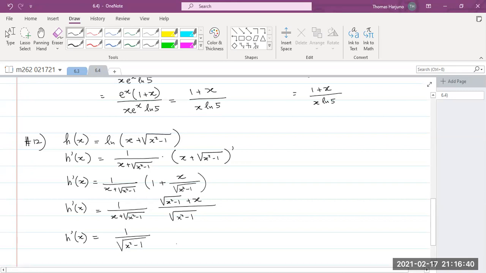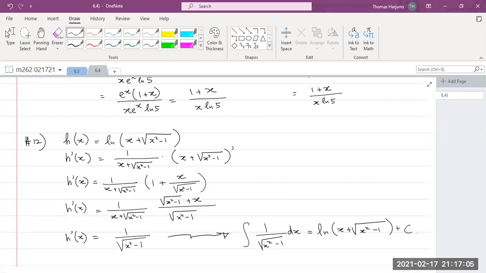So this actually tells us something. Later on, the integral of 1 over square root of x squared minus 1 dx equals natural log of x plus square root of x squared minus 1 plus a constant.